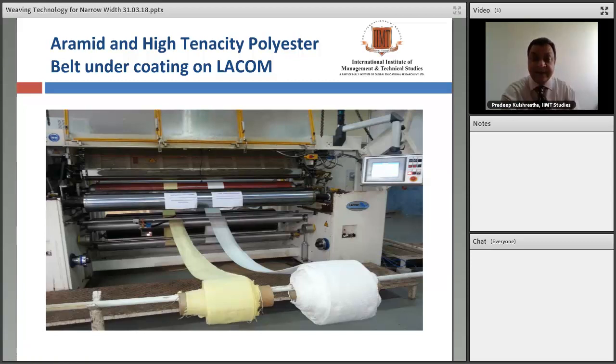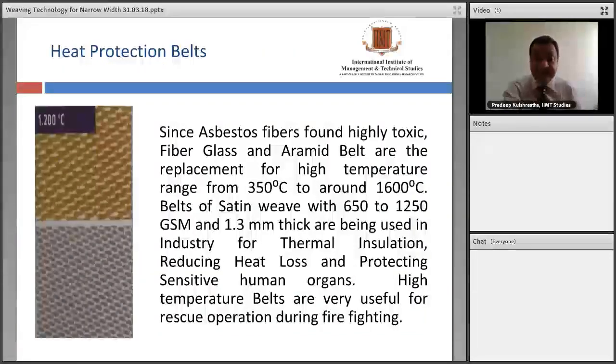We are making the belt, and after making the belt, we are giving the treatment with the epoxy. So the surface will become stronger as well as smooth for further uses. This is a value addition in the belt quality, in strength as well as handling.